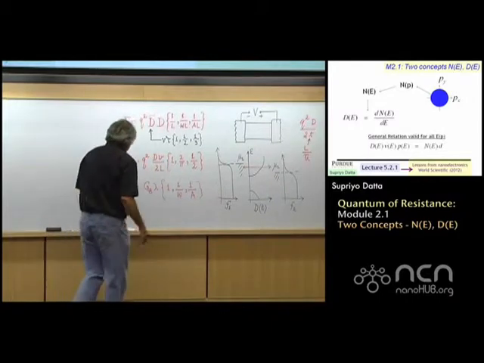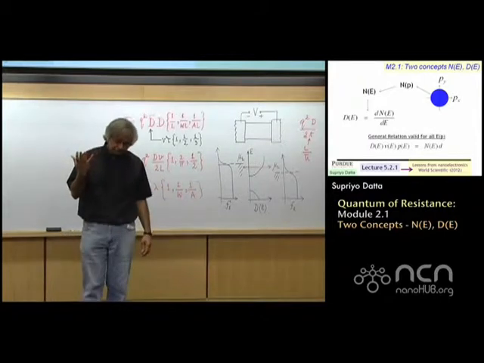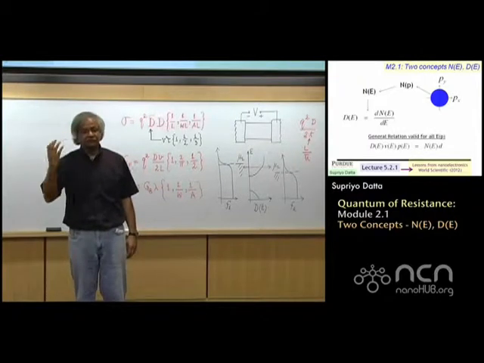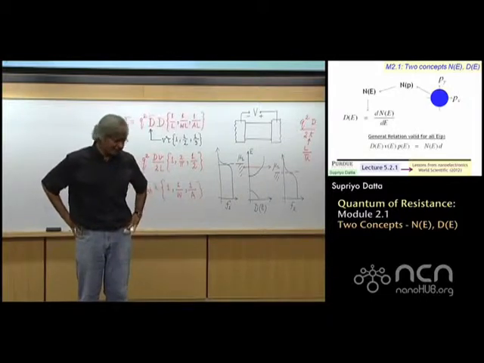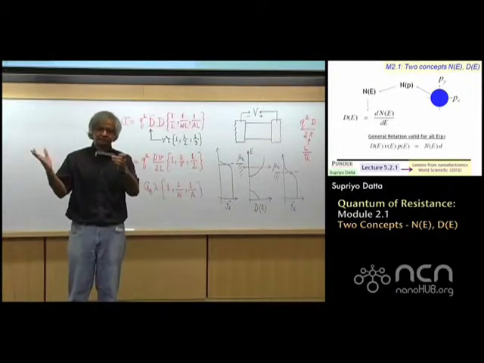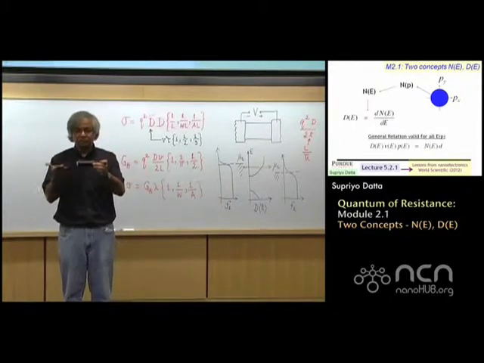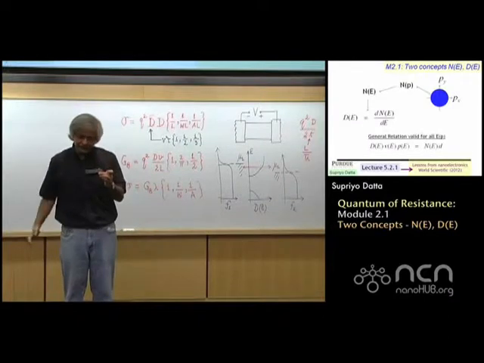So the model we'll be using is based on an important observation that dates back to the early days of solid-state physics. That is, a solid is a rather complicated object. And you might say that an electron moving through the solid must be a very complex affair. And that's indeed true.